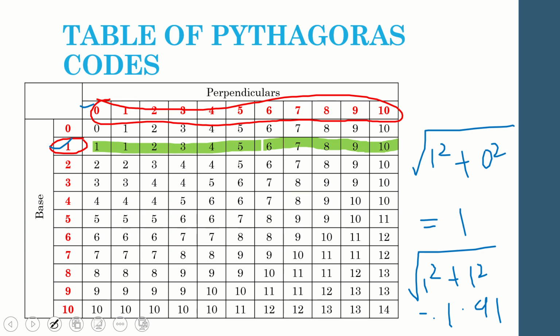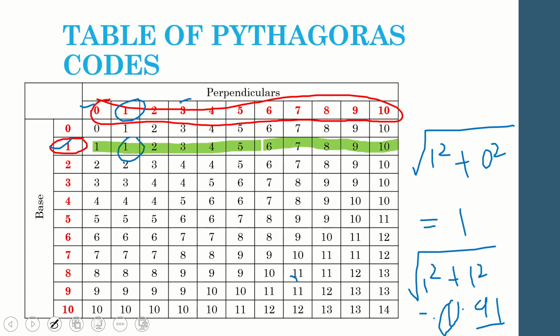But the decimal is not important. We have to see how many digits come before the decimal point. Before this decimal point 1 is there, so we write down 1.